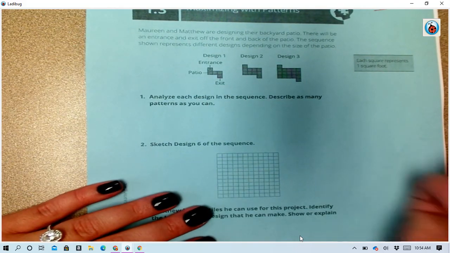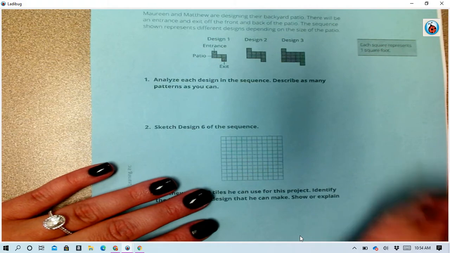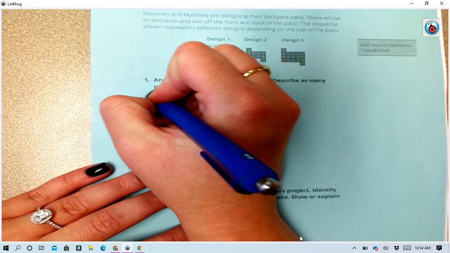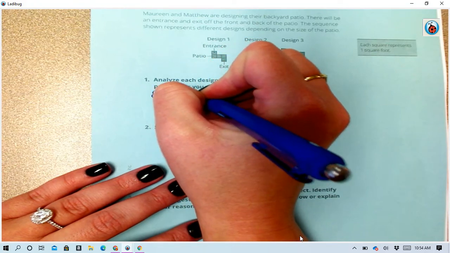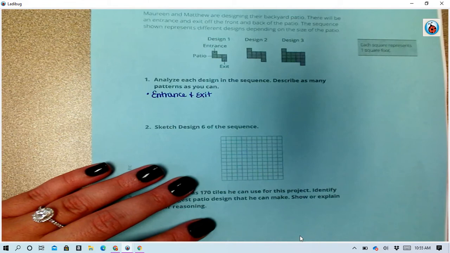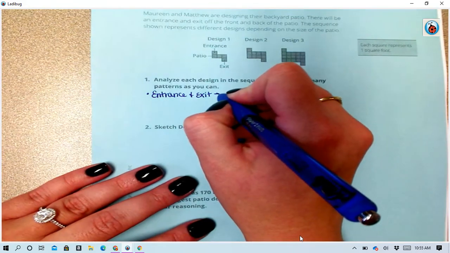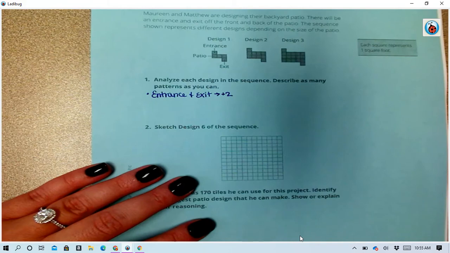So there's a couple things that I'm going to put down. And if you have something different or if you want to copy mine down, that's fine. I put that there's always an entrance and an exit. That does not change. No matter what, there's an entrance and an exit. So for me, that meant there was always an extra 2 squares being added.